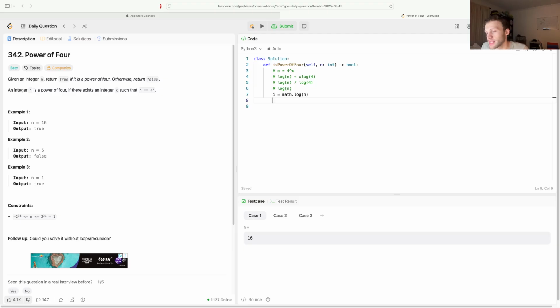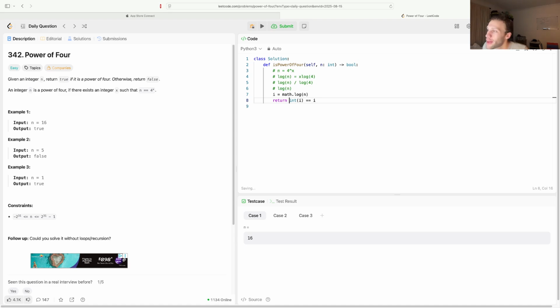If it has decimal points, it's a float, but if it's x.0, that means it's a power. You could think about it like this: return if int of i equals i.